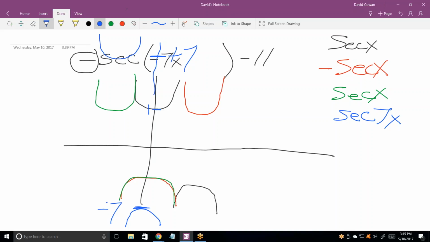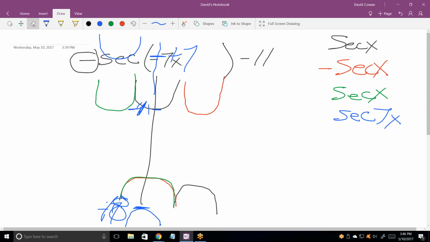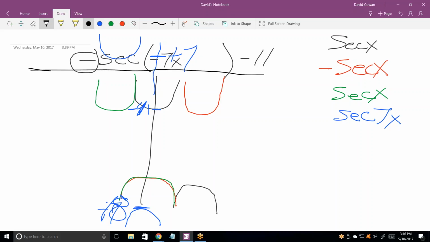Now the last thing is to shift it down 11. That means the point that was at 7 is now at minus 4, and the point that was at minus 7 is now at minus 18. I can move my horizontal axis up by 11 points, which is the same as moving everything else down by 11.